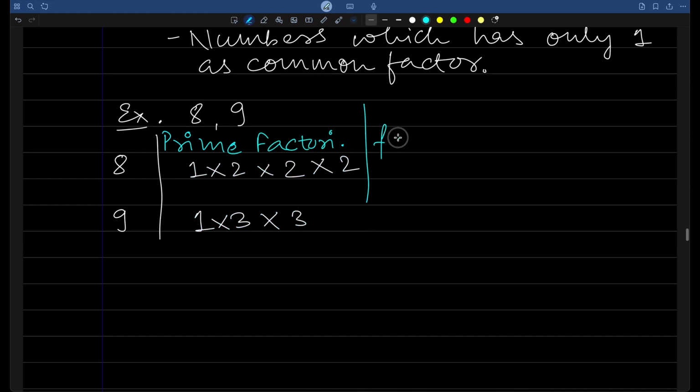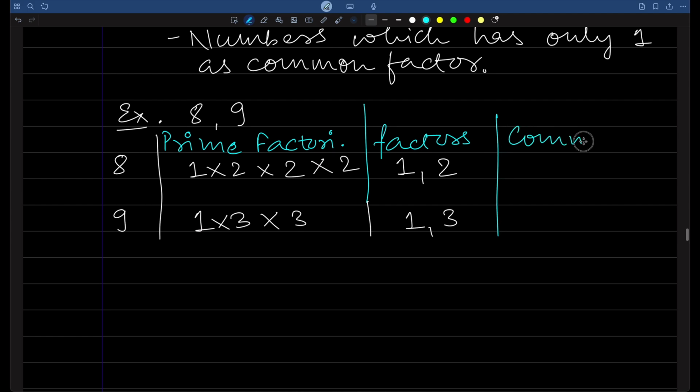We have factors of 8, that is 1 and 2, and factors of 9 are 1 and 3. If we see common factors, are only 1.